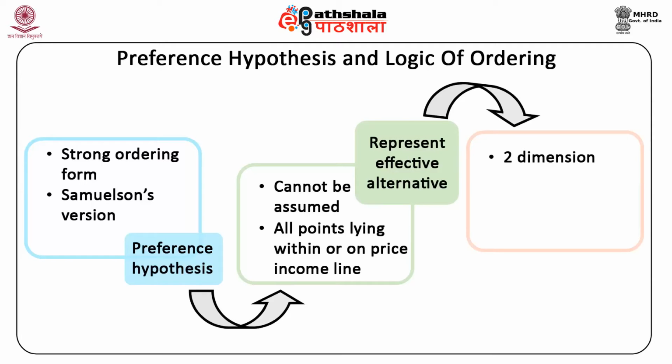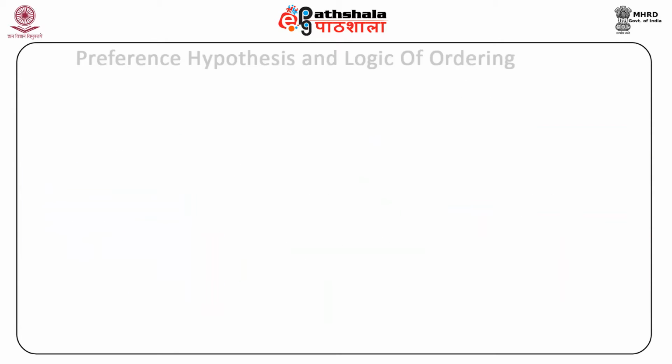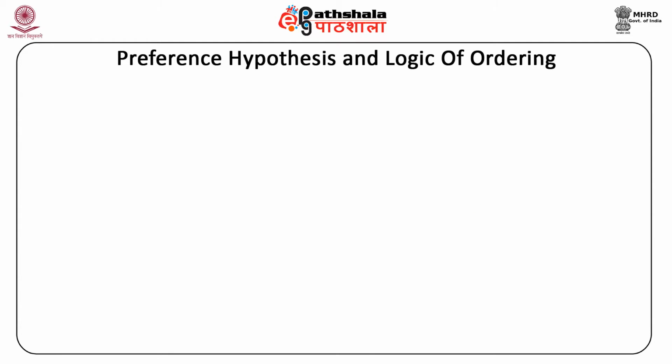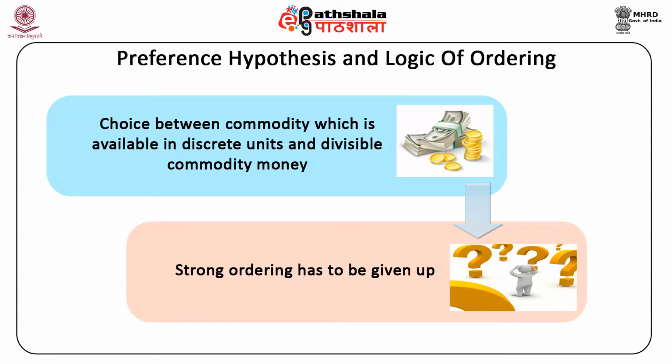A two-dimensional continuum of points cannot be strongly ordered. Second, the situation is entirely different in the real world because of the use of money. Thus, in making a choice between a commodity, which is available in discrete units, and the divisible commodity money, strong ordering has to be given up.